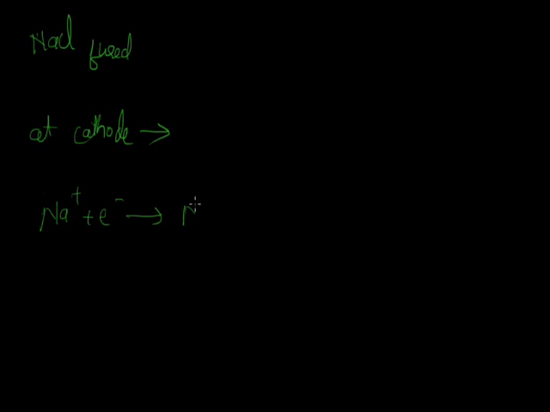Now if we take molten NaCl, or fused NaCl, in the cell, what will happen? At the cathode, only Na+ ions migrate towards the cathode and convert into solid sodium, whereas at the anode, only Cl- ions migrate towards the anode and convert into Cl2 gas by losing an electron.